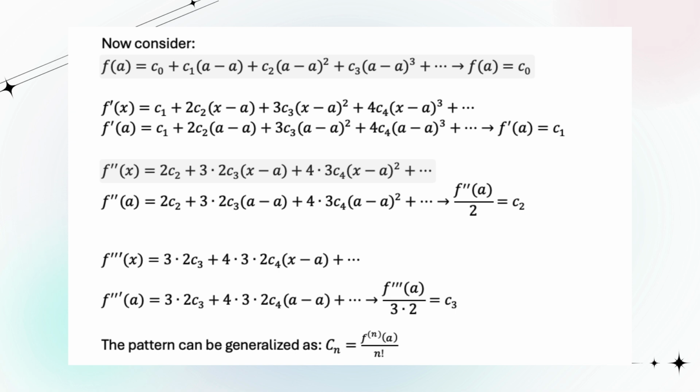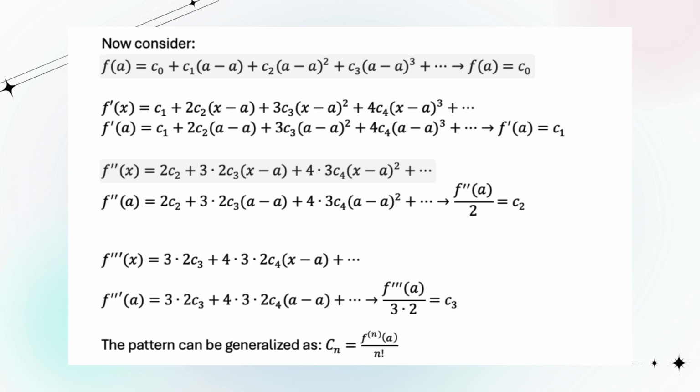Next, we take the derivative of f. When we plug in x equals a again, all terms with x minus a vanish except the constant left over, so f prime of a equals c1. For the second derivative, only the term with (x minus a) squared contributes and the coefficient simplifies so that f double prime of a divided by 2 equals c2.